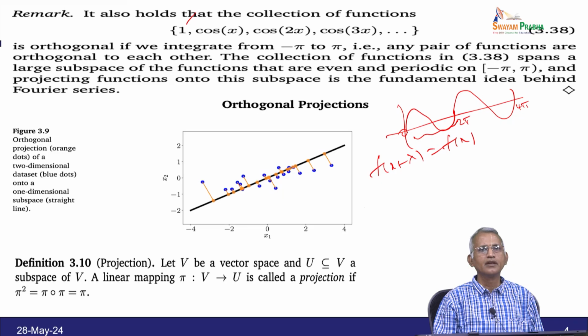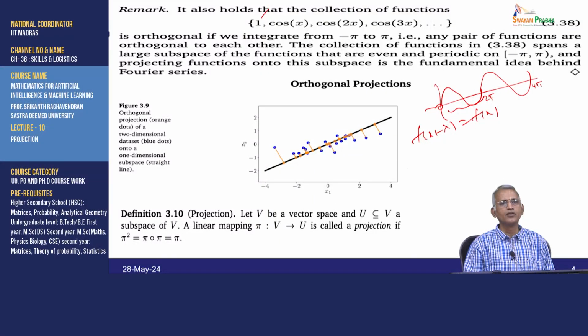Now, the function being periodic, a projection of a function onto the subspace is the fundamental idea behind the Fourier series. If you want to expand the Fourier series of a function, ultimately you need to know the periodic function, the upper bound and lower bound, and whether it is even or odd.